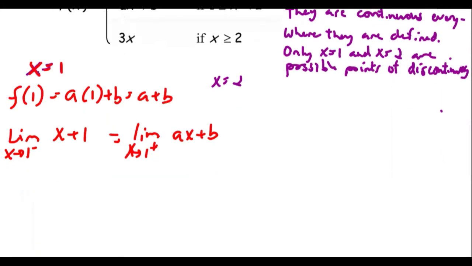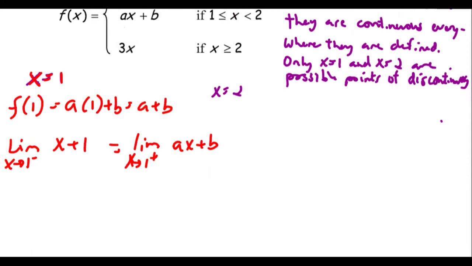These are basic ones, I just do direct substitution, like every x was 1. And I get 2 is equal to a plus b. Oh no, I'm stuck. 2 is equal to a plus b, and f of 1 equals a plus b. So that doesn't help me much yet.